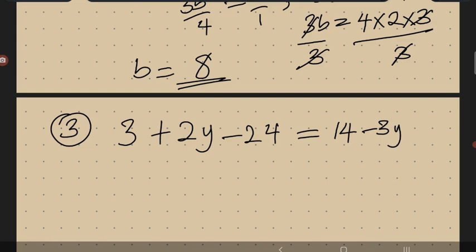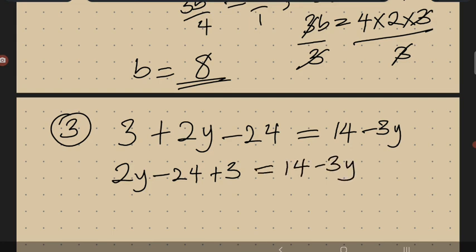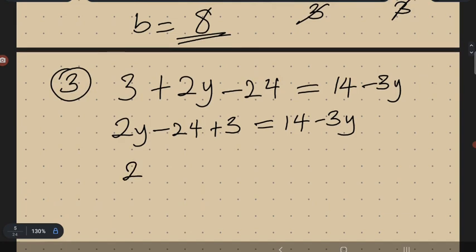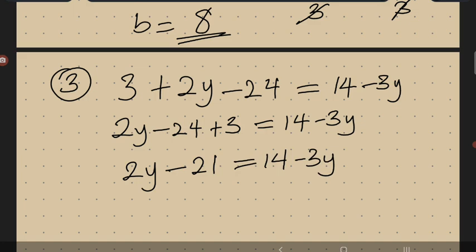We have 2y minus 24 plus 3 is equal to 14 minus 3y. So we have 2y minus 21 is equal to 14 minus 3y.